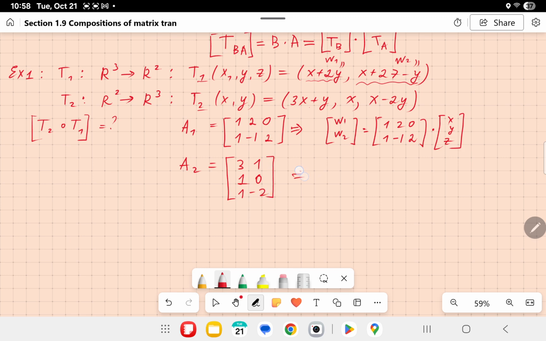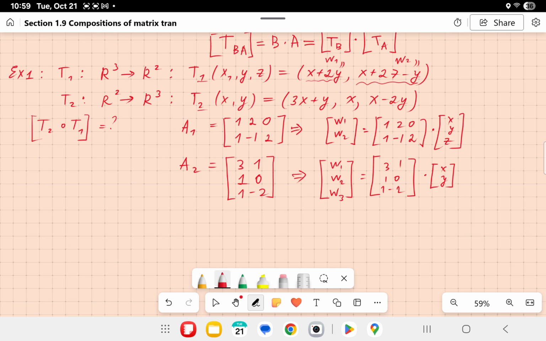And if you want to write it down as a system of equations, I'm going to have W1, W2, W3, my image, and that's going to be the matrix 3, 1, 1, 0, 1, minus 2, multiplied by x and y, the column vector of two dimensions. R2 into R3, right?